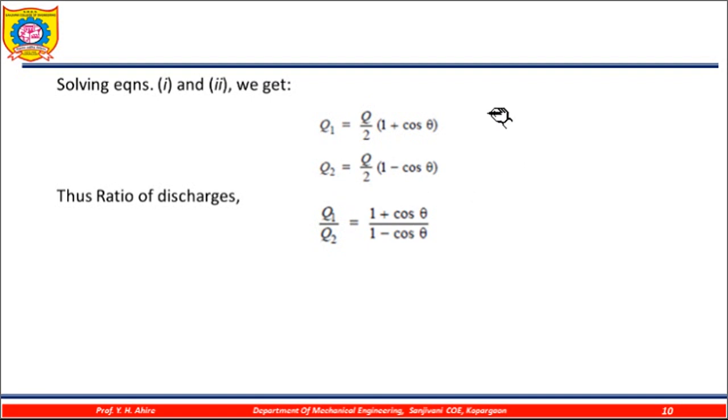Further, you can take the ratio of these two, Q1 upon Q2, which is finally (1 plus cos theta) divided by (1 minus cos theta). This gives you the ratio of discharges, and it is defined only for an inclined plate facing the impact of the jet.